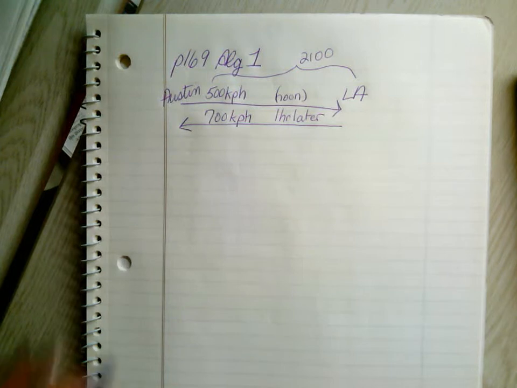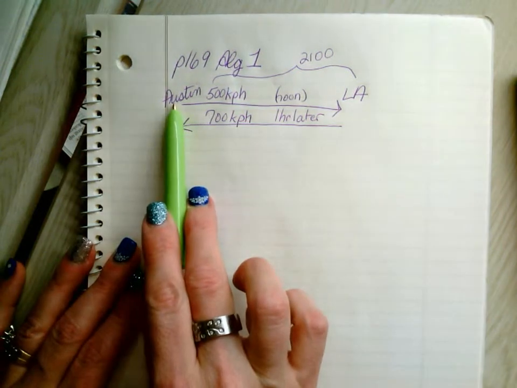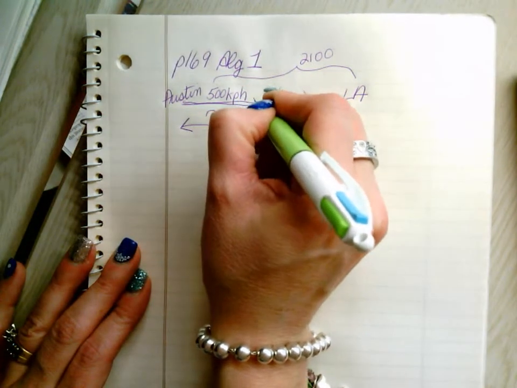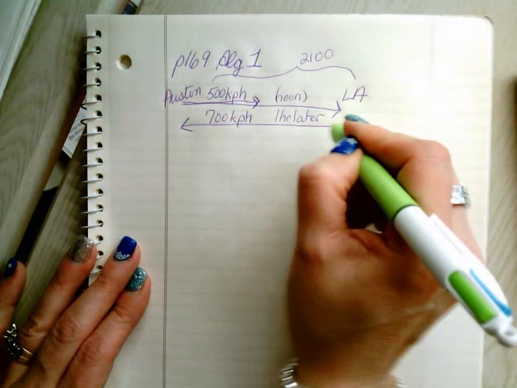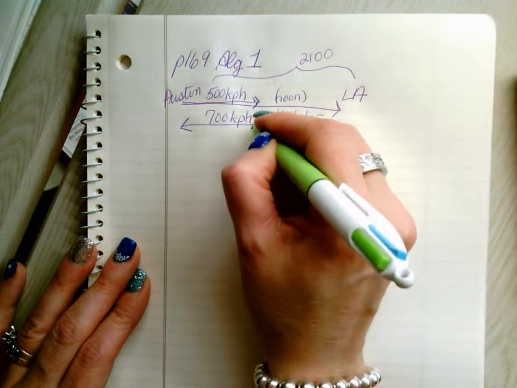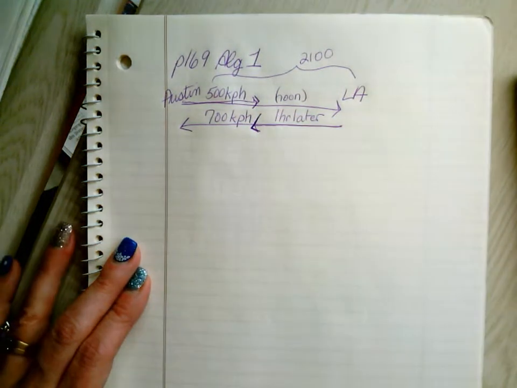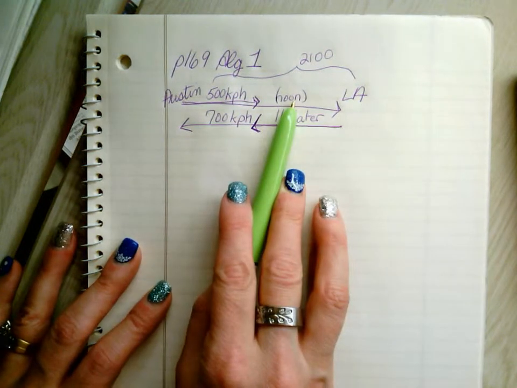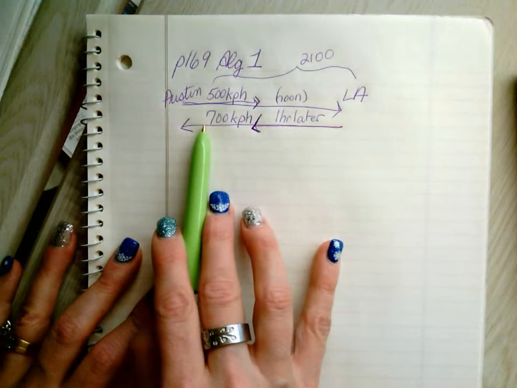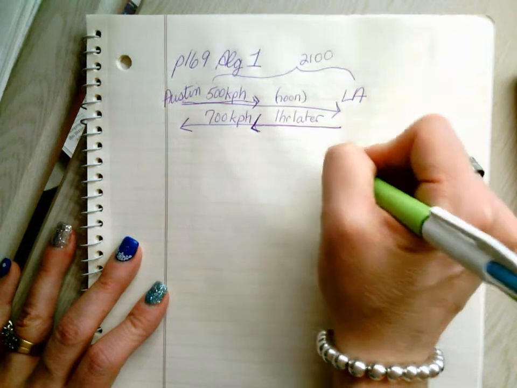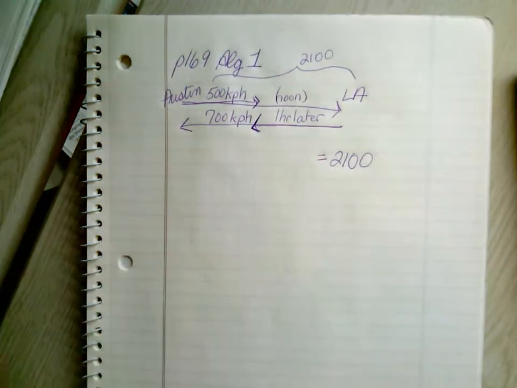At what point did the flight from Austin to LA wave and pass the flight from LA to Austin? Okay, which means his rate times whatever time he traveled added to his rate times the t minus 1 has to total the 2,100 kilometers worth of distance between the two origins.